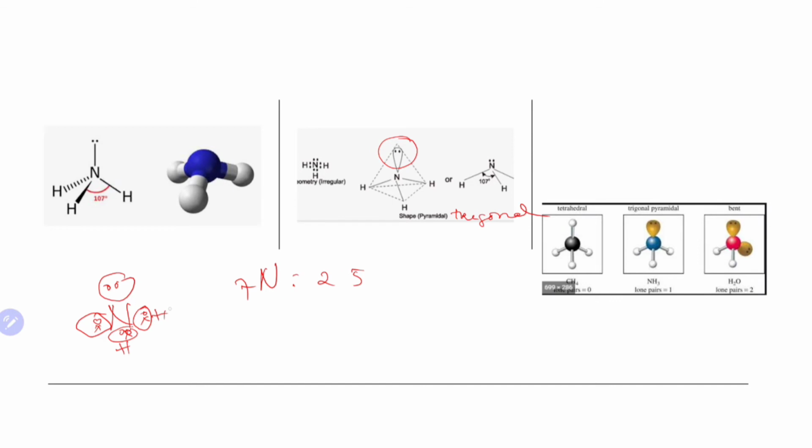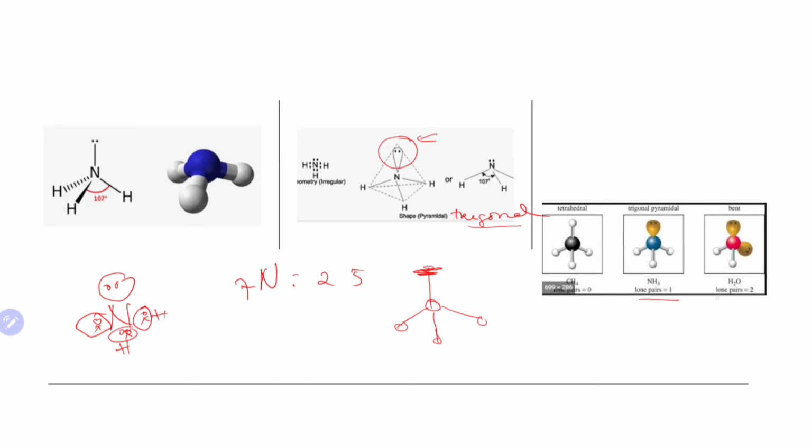So this one is empty, but the total number of electron pairs is 4. So the original shape is tetrahedral, but this part is empty, so it becomes like this. This one is the empty one, only a lone pair, one pair of electrons, no atom here. So the shape is pyramidal, trigonal pyramidal.